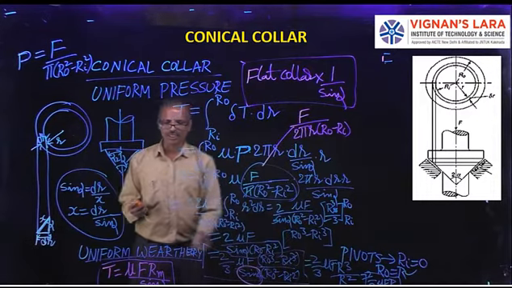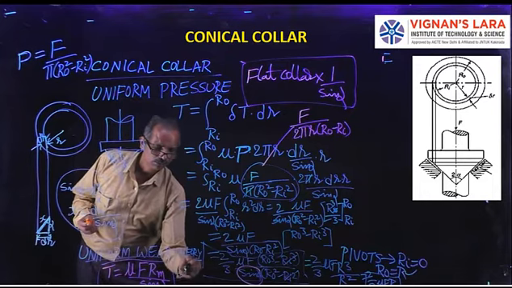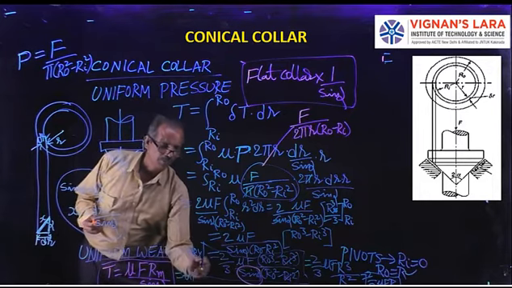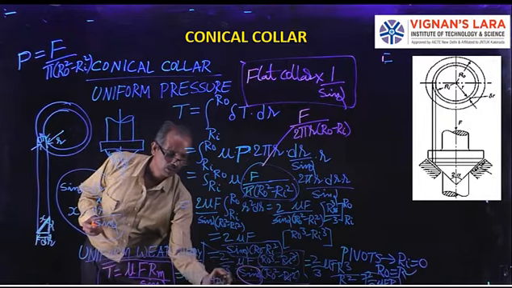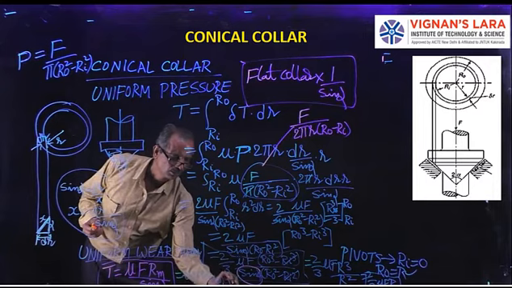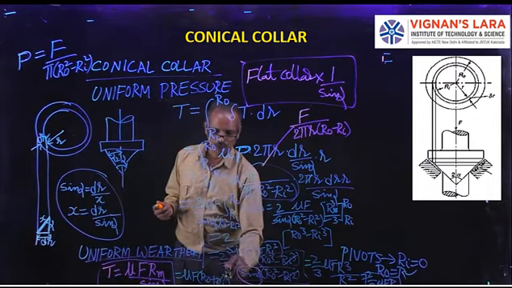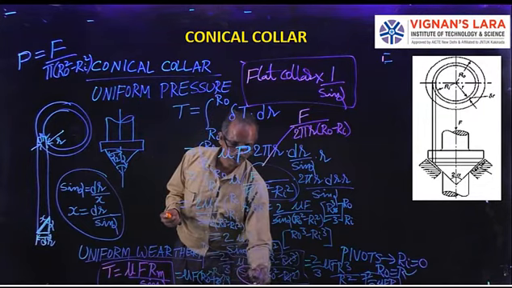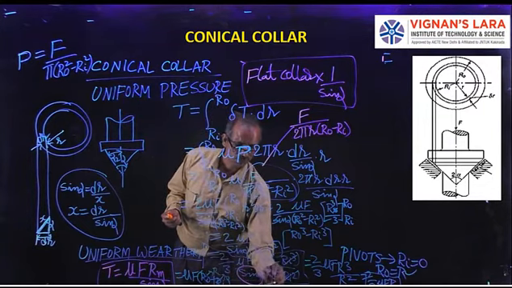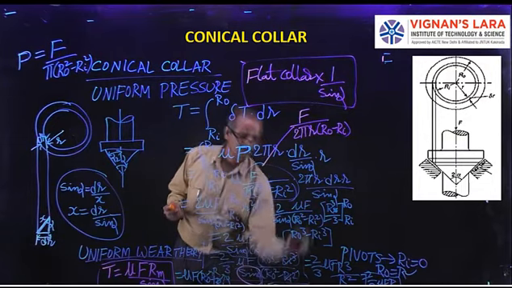Similarly, for uniform wear theory, this is mu F into Rm, where Rm means (R naught plus Ri) by 2, divided by sin alpha. Ri is 0 and R naught is R, so in that case it is mu F R by 2 sin alpha.